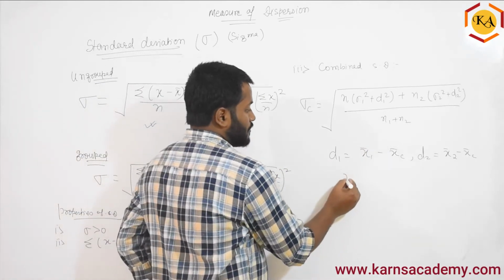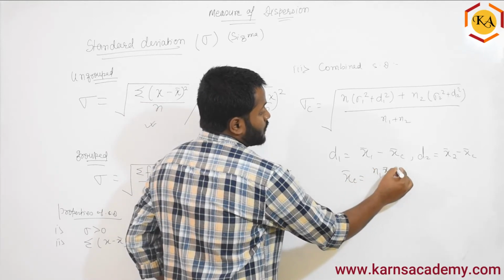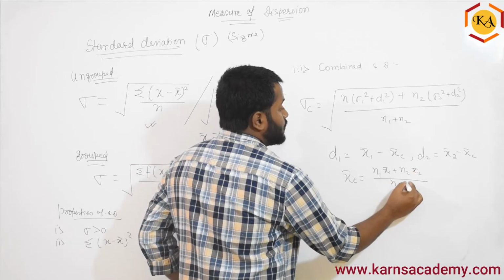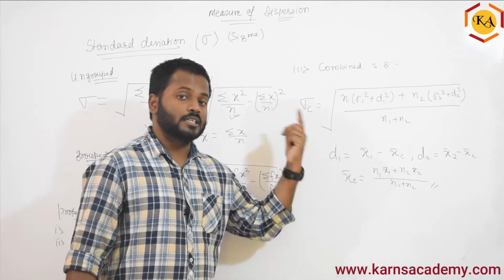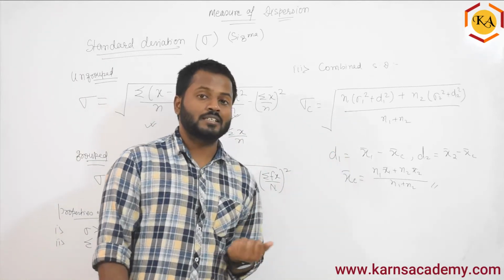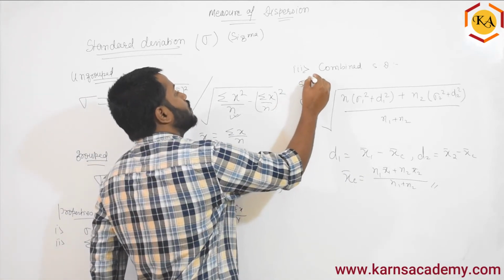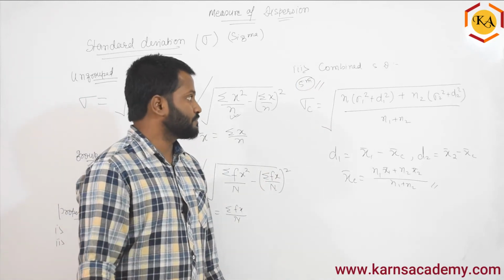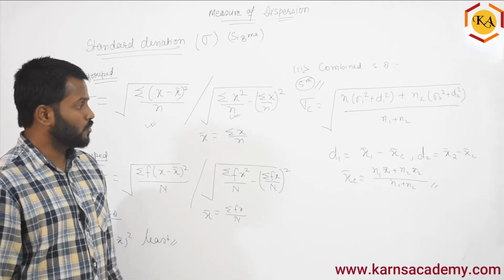We find the combined mean as xc bar equals n1 x1 bar plus n2 x2 bar divided by n1 plus n2. We have already done this under the mean topic. So this is how the combined standard deviation is found. This is one of the 5 markers, and most of the time they will ask you about the combined standard deviation, so you can pause the video and note this down.